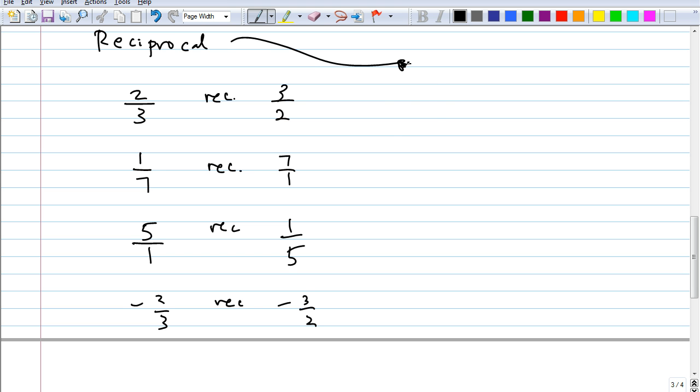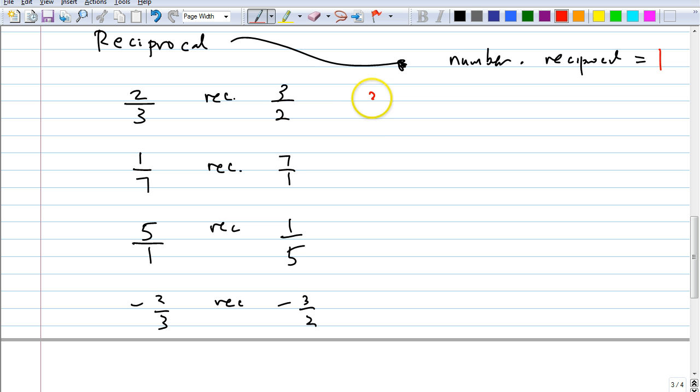Yeah, so how do we define a reciprocal? No one remembers? Why is a reciprocal nice? What happens if you multiply a number times its reciprocal? You always get 1. There you go. It always equals 1.